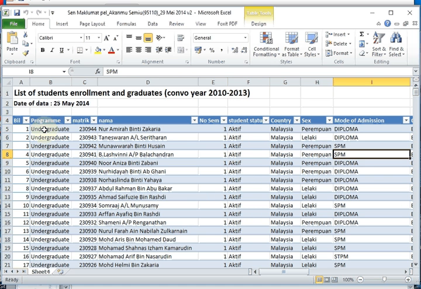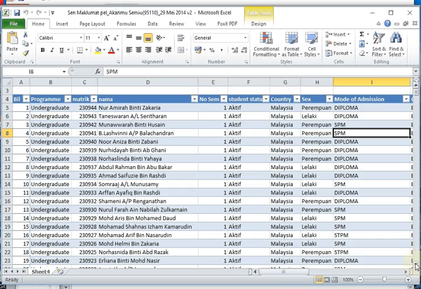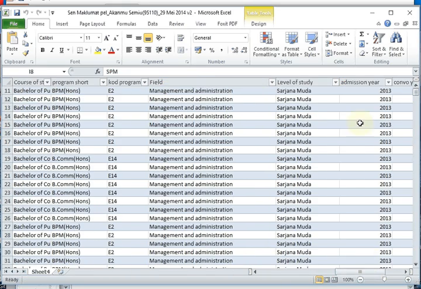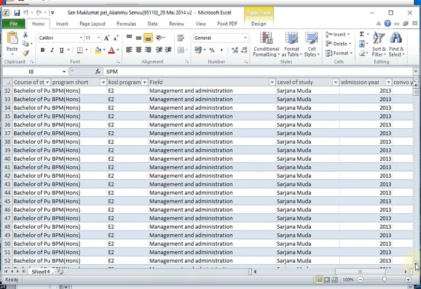Now, for example, if we look at this Excel file, we have these data dimensions: the program, the matric, the name. These are in Malaysia's national language, so it shouldn't be confusing. We have the number of semesters, student status, country. So this goes to about 20 data dimensions, the admission year, the code of the program, and more, across hundreds of rows.